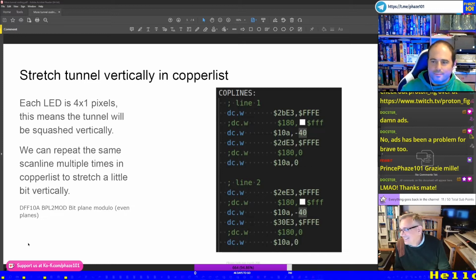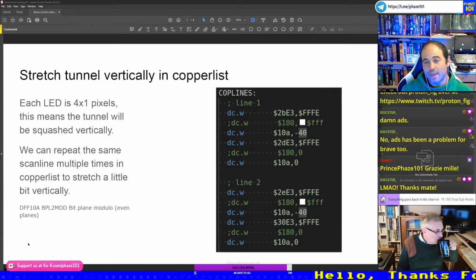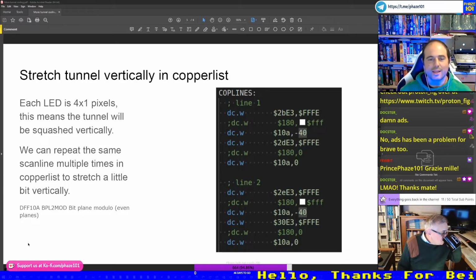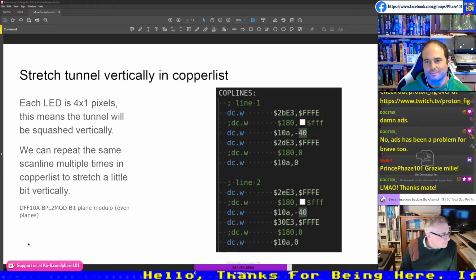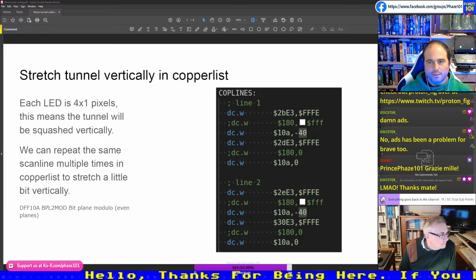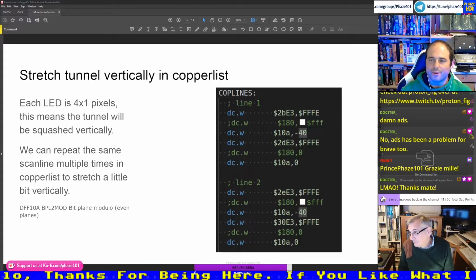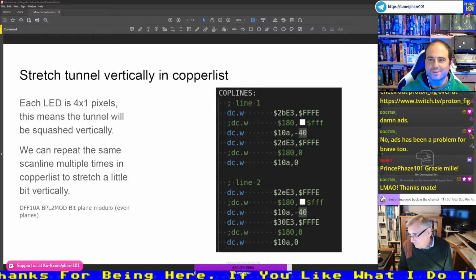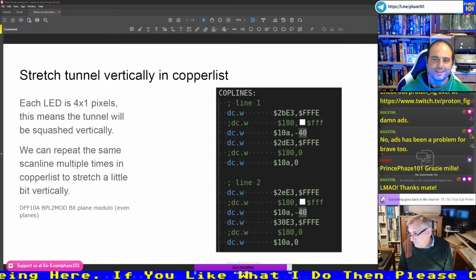So the final result is that you have a tunnel which is stretched horizontally, and the height is just a few pixels. So what I did, I took advantage of the most famous coprocessor. I don't know if it's the blitter or the copper, but let's say it's the copper.